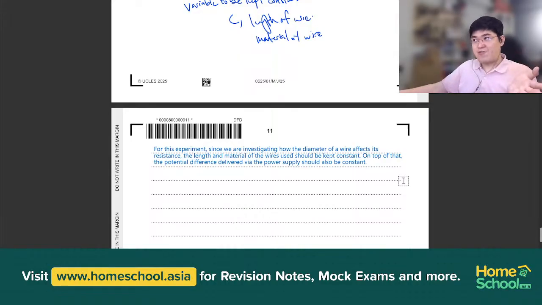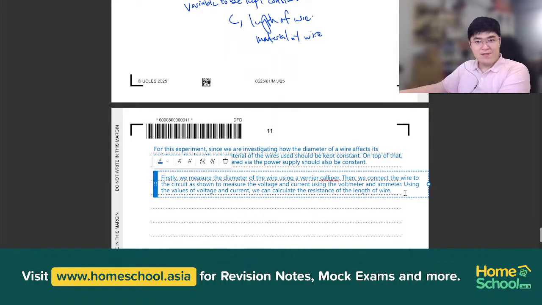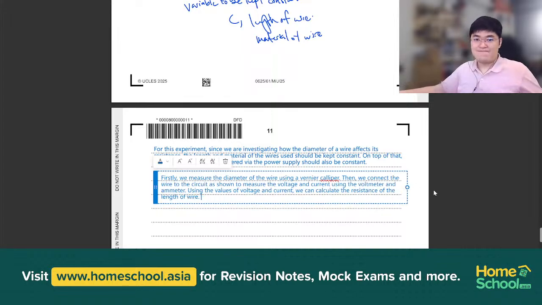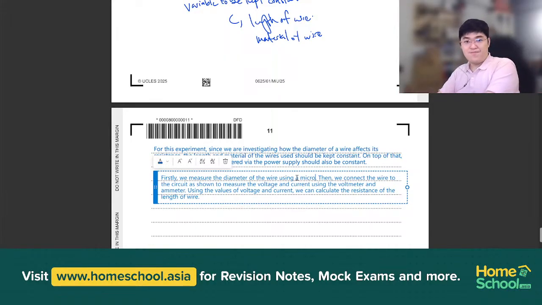Now we know what we need to keep constant and what we need to measure. We need to measure the diameter of the wire, either using a vernier caliper or a micrometer screw gauge.